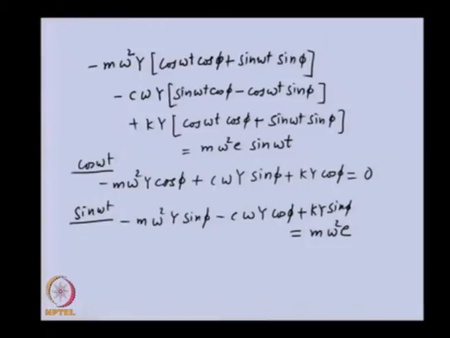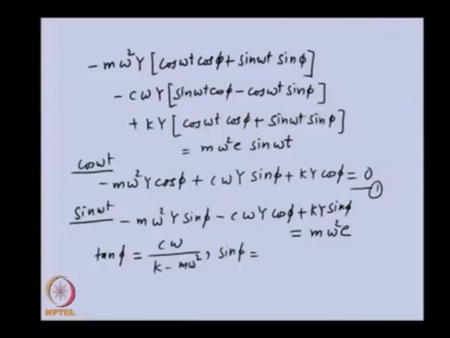Now you can see from the first equation we can get the phase, we can write this as, whereas from the second equation, if we substitute this phase, because it contains sin phi, that can be written as sin phi, because we know the tan phi.